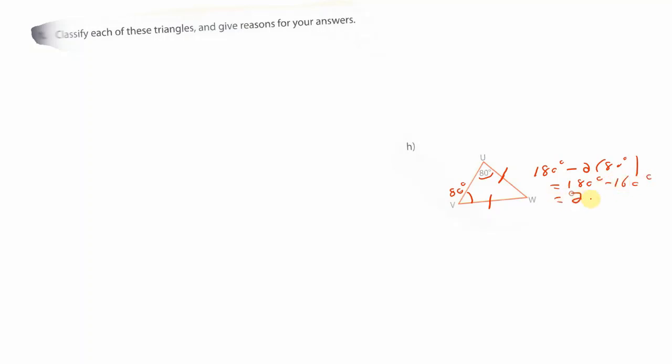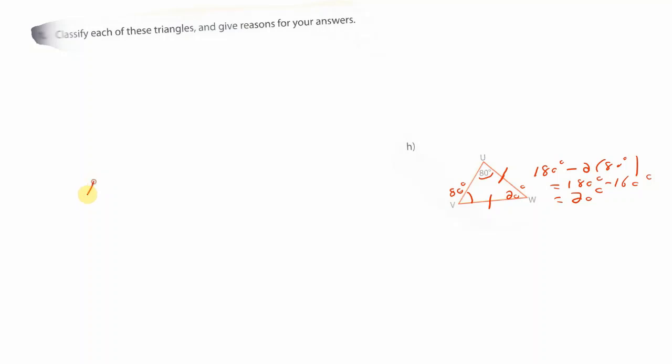So therefore we have 20 degrees. So this angle is 20 degrees. So all these angles are less than 90 degrees, so therefore it must be an acute angled triangle, and because we have two sides and two angles that are equal, it also has to be an isosceles triangle.